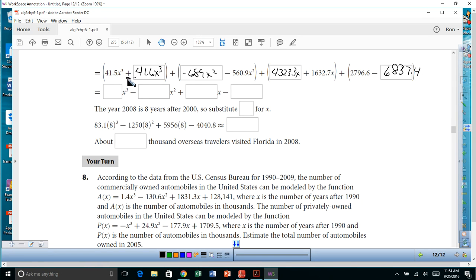If you combine, let's see, 41.5 plus 41.6, that's going to give me 83.1x cubed minus 1,250x squared plus 5,956x minus 4,040.8.